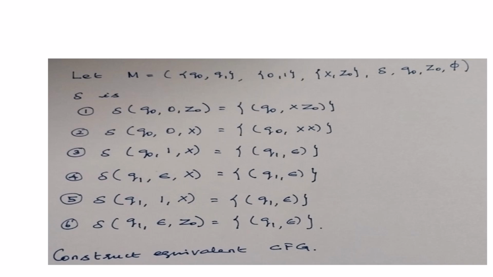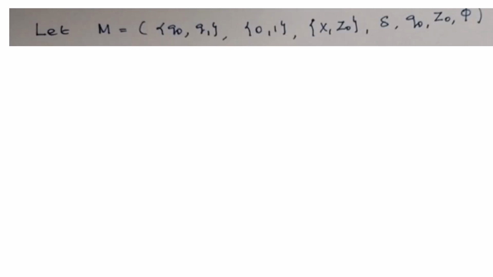So a context-free grammar consists of four tuples. We represent it as G, and we have variables, terminals, productions, and the start symbol. Given this PDA, we first want to find the variables of the grammar.